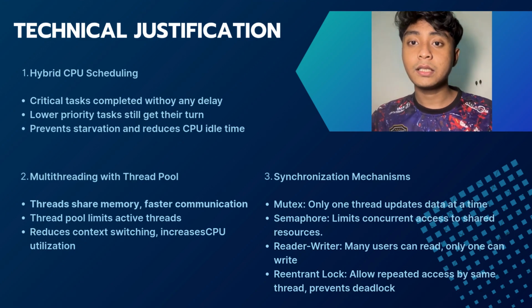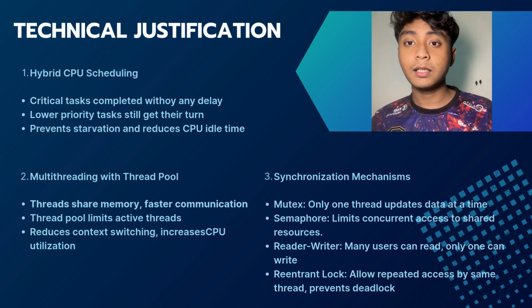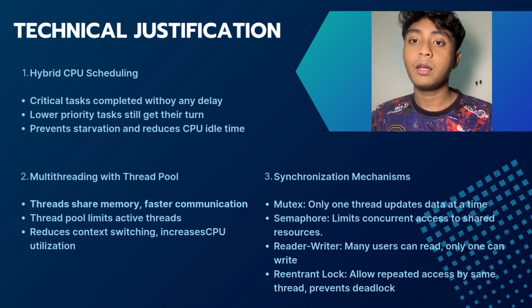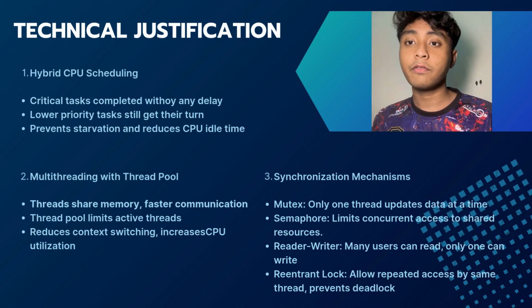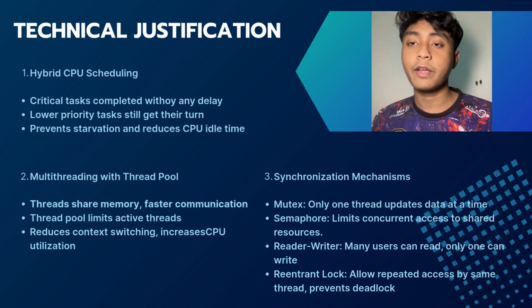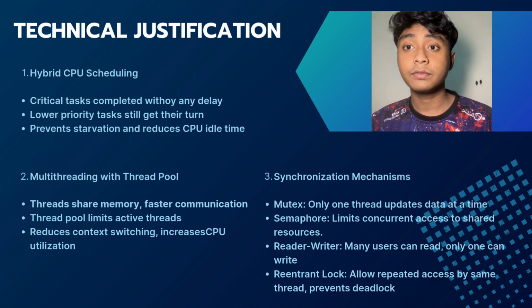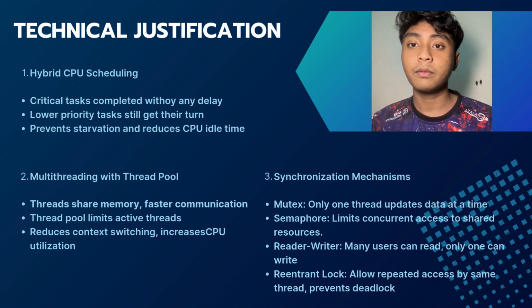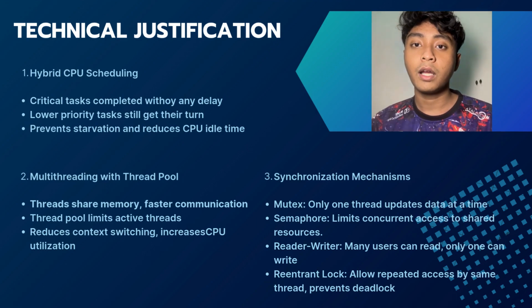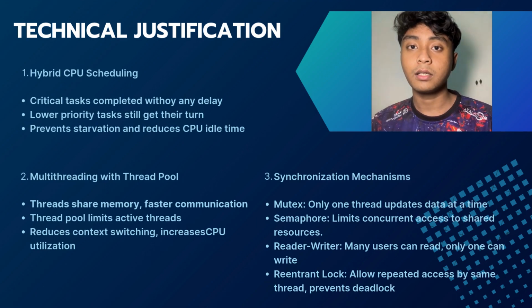For technical justification, hybrid scheduling ensures time-critical tasks like payment processing are completed without delay, while lower priority tasks still get fair CPU access to prevent starvation and reduce idle time. For multi-threading, a thread pool improves communication via shared memory and reduces the context switching overhead while increasing CPU utilization.